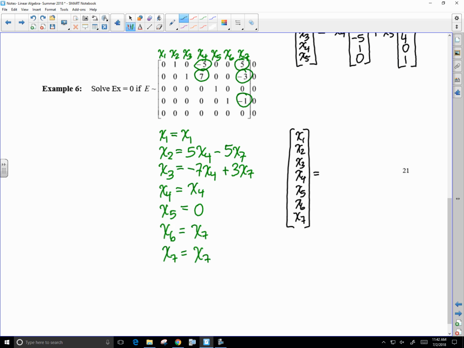So it looks like everything is dependent on, oh, I was going to say, dependent on x4 or x7, but I forgot that x1 there. Well, that stinks.